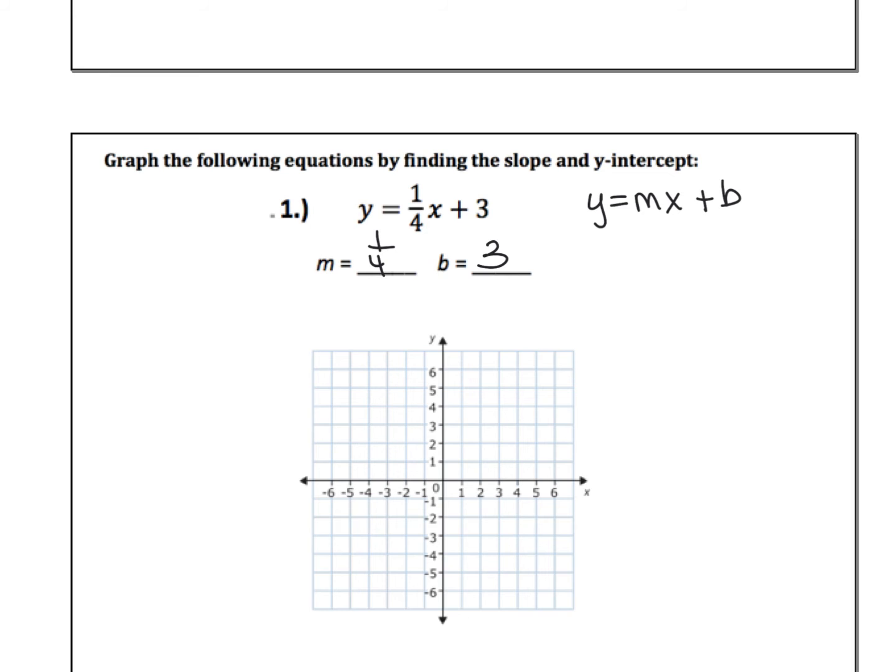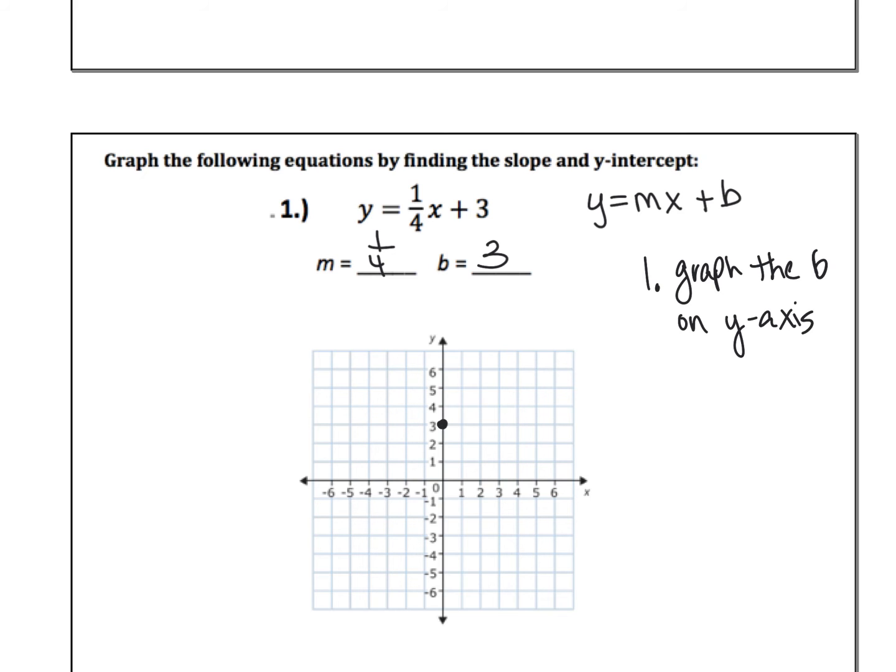So now I'm going to show you how to graph. So the first thing is graph the b on the y-axis. All right, so we're going to graph that b on the y-axis. So I'm going to go on the y-axis, I'm just going to go up to 3 and make a point. That's where I begin.